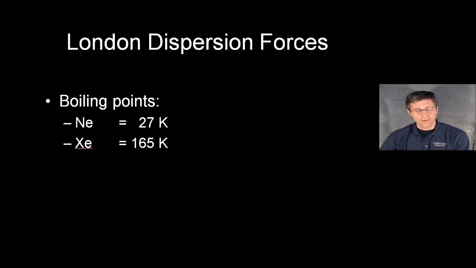They can only exhibit London dispersion forces, and they have vastly different boiling points. So size is important. As we get electrons that are further away from the nucleus, it's easier for them to slosh from one side to the other, and so you're able to form stronger London dispersion forces, and as a consequence, the boiling point will be higher, the physical characteristics of the substance will be different.